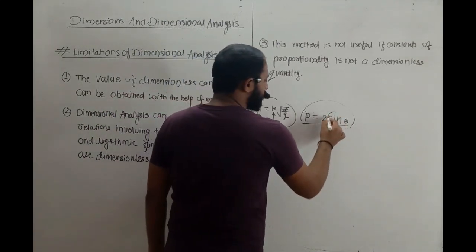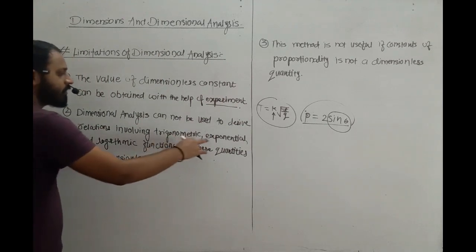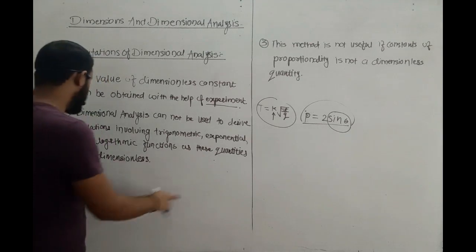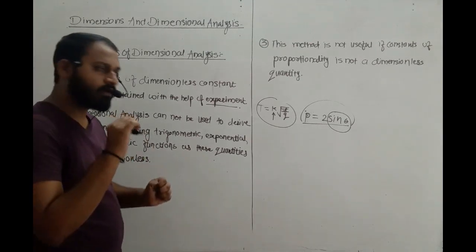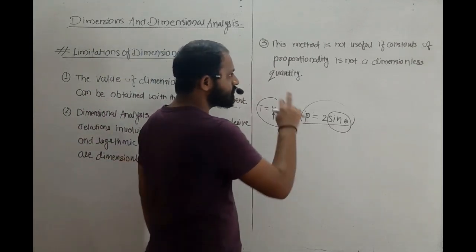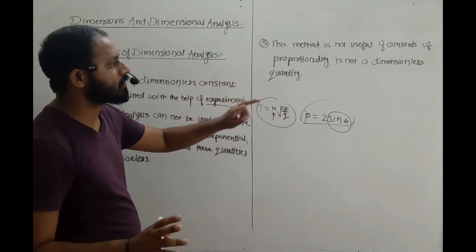Why? Because the trigonometric term is present; the trigonometric, exponential and logarithmic functions are quantities which are dimensionless. That's why.